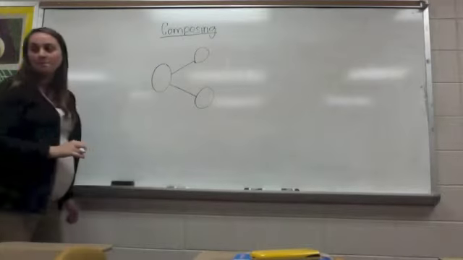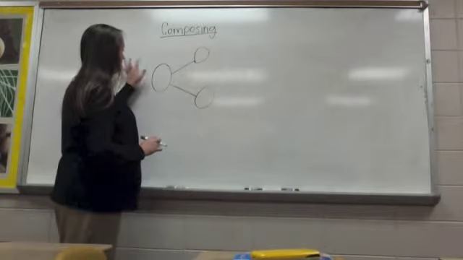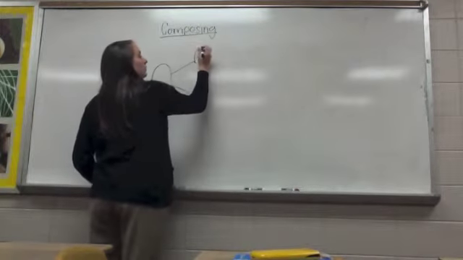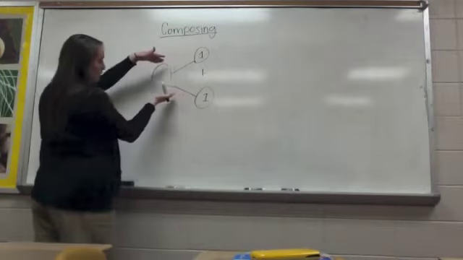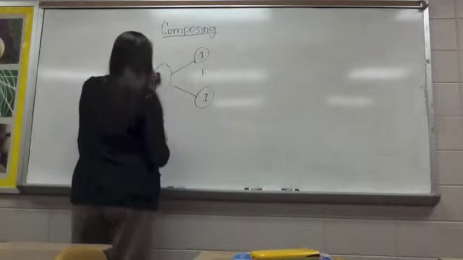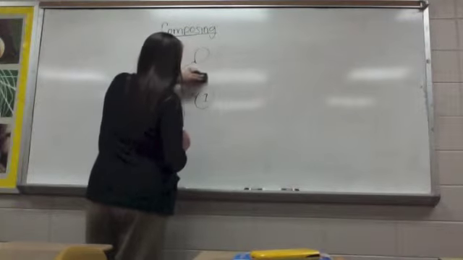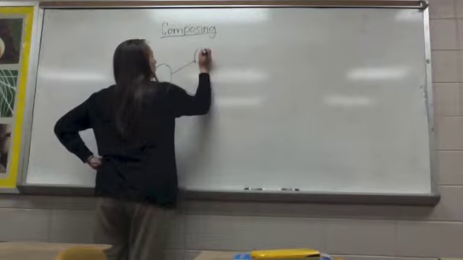Alright? This is just like saying 1 plus 1 equals 2. Okay? So I'm going to give you 2 numbers and then we're going to figure this out. So we'll do an easy one.